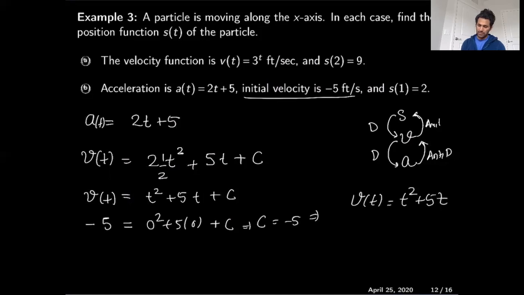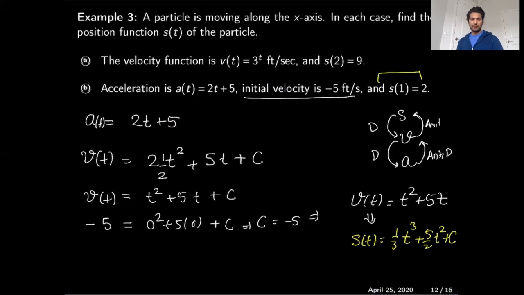Now, if I take the antiderivative of this function one more time, I will get the distance. So s of t will be 1/3 t to the power 3, plus 5/2 t square, plus a constant c. Again, I have this condition, and I will use that one to calculate the constant.